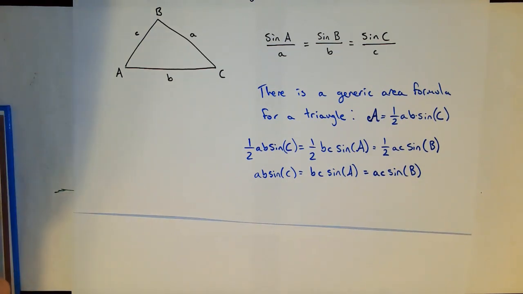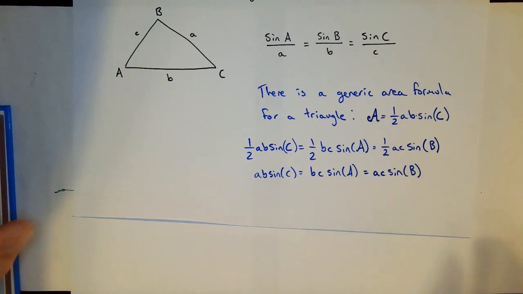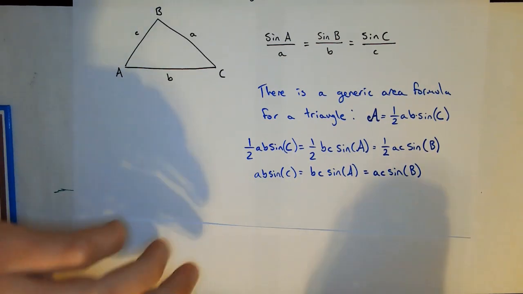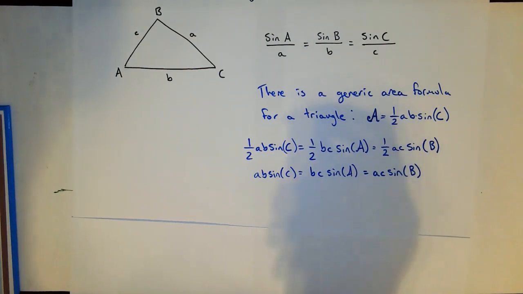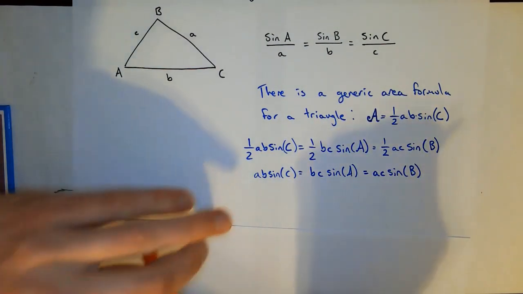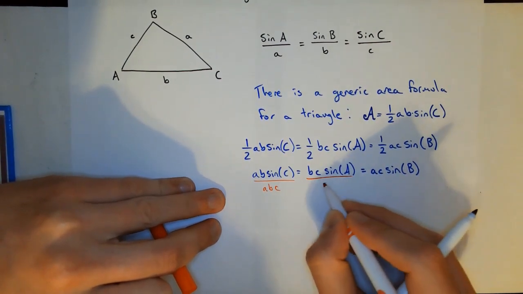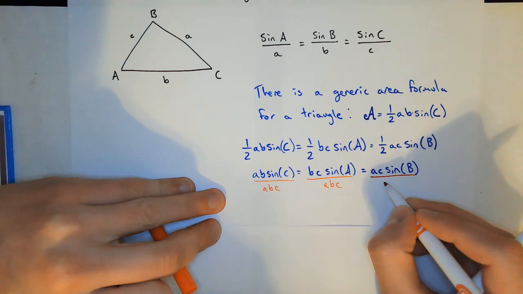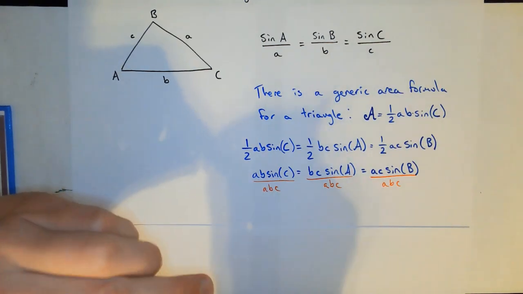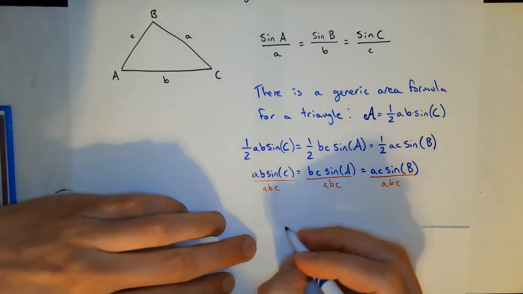I'm going to divide everything by ABC. You'll see that'll make everything clean up very nicely. So I'm going to divide by ABC. That'll make a lot of stuff cancel out.